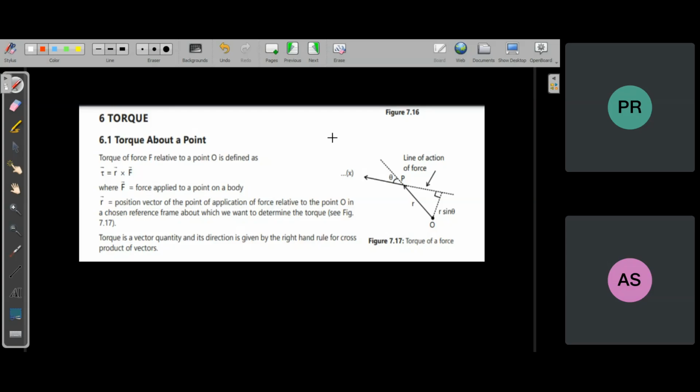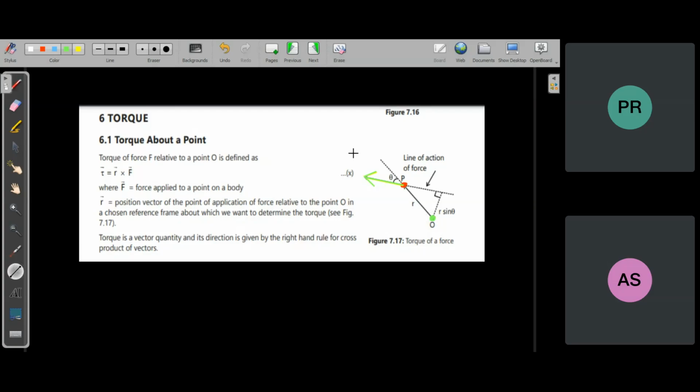For example, suppose there is a particle here, and on this particle a force is applied in this direction. And you have to find the torque due to this force about this point.